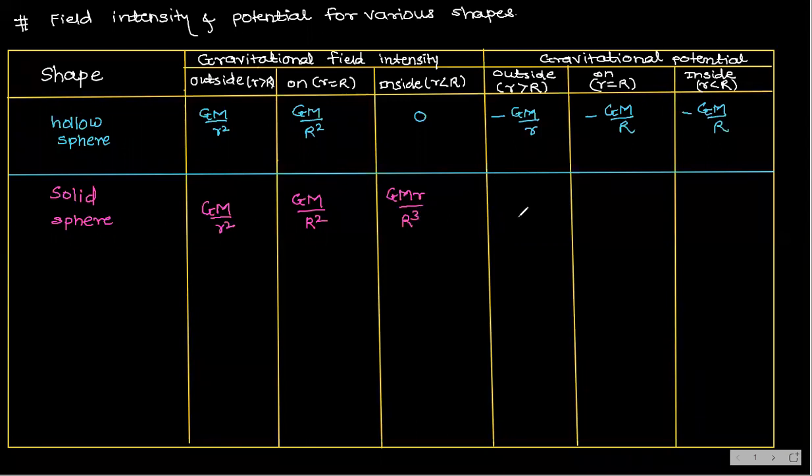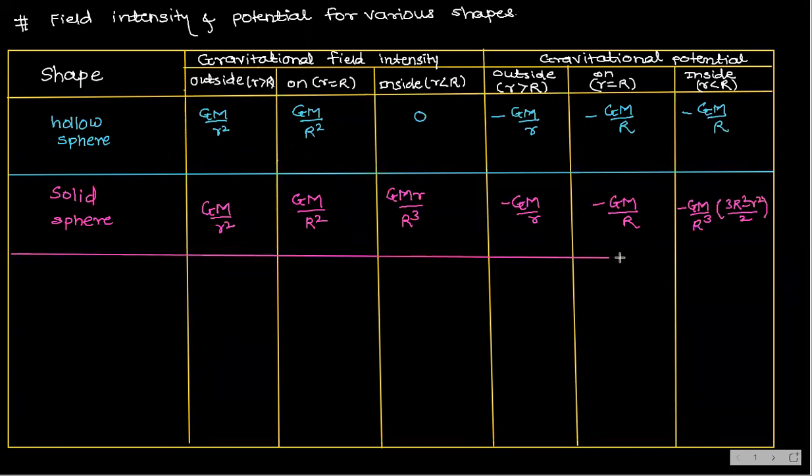Potential, now see, gravitational potential. Outside it is minus GM by r. Next, on the surface, minus GM by capital R. Inside it is, for solid sphere, minus GM by 2R cube, into 3R square minus small r square. Okay.